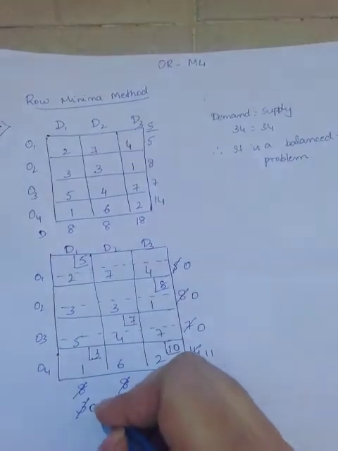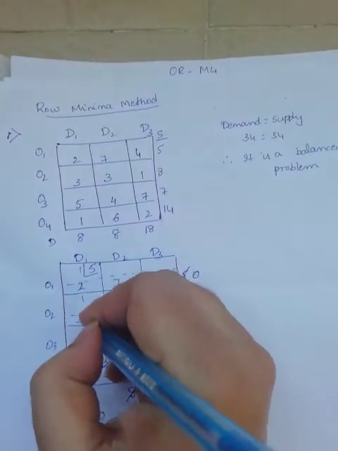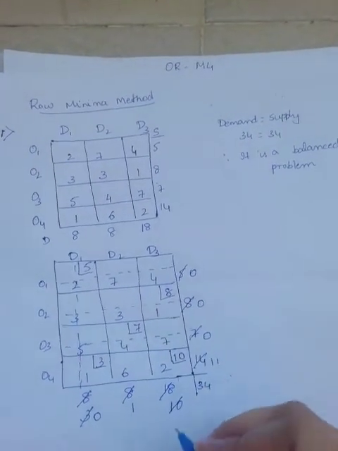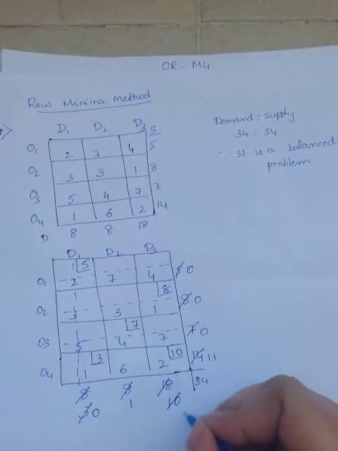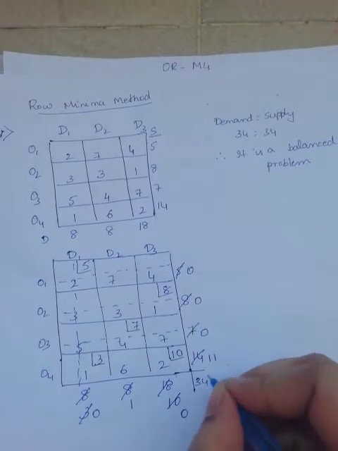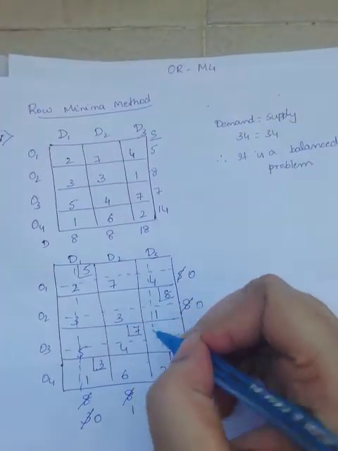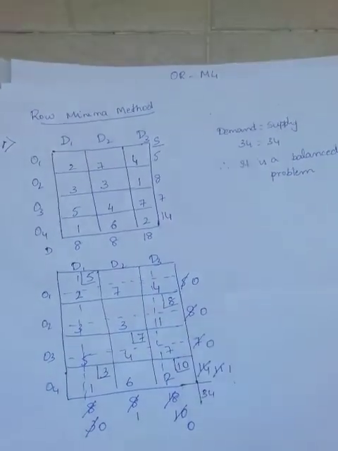When this becomes 0, you will eliminate this column. Now when we allocate 10 here, this 10 becomes 0, this becomes 1. So we'll eliminate this column.